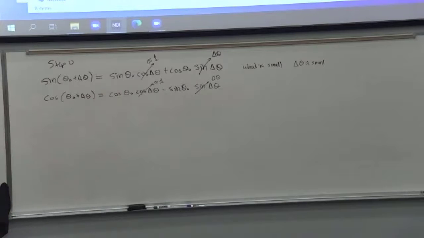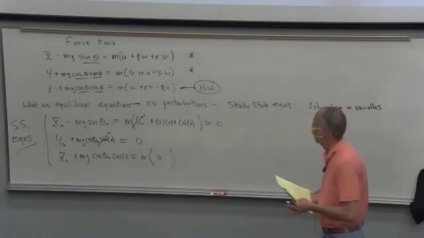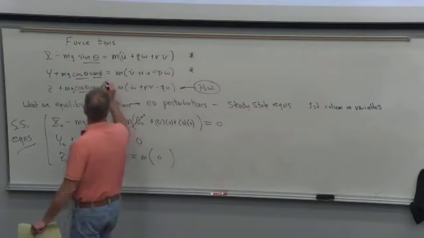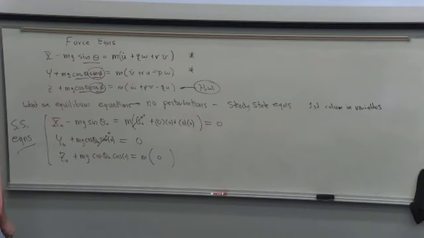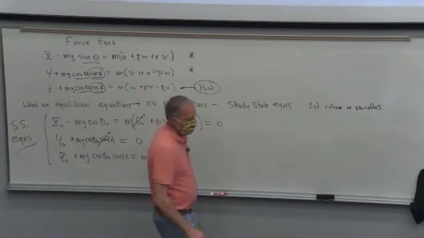And if you look over in the equations on the other board, there's sines and cosines of phi, like here. But that's not such a big deal because there is no phi 0. So we'll just have the angle itself in there, and it'll be small.